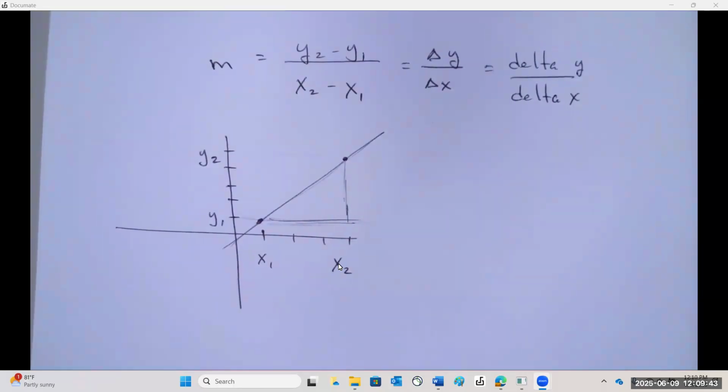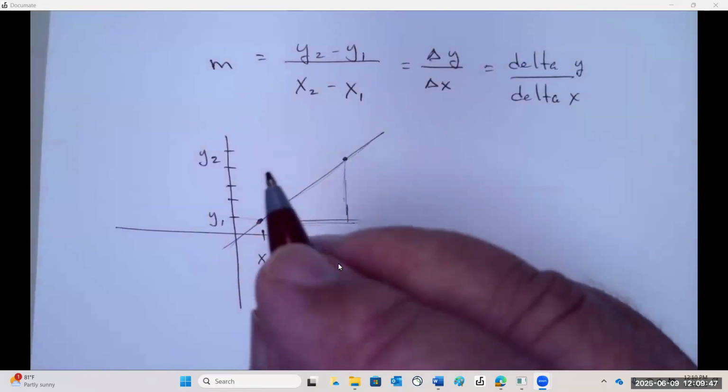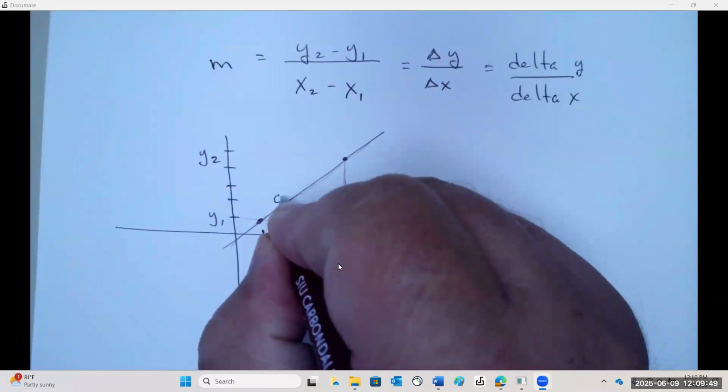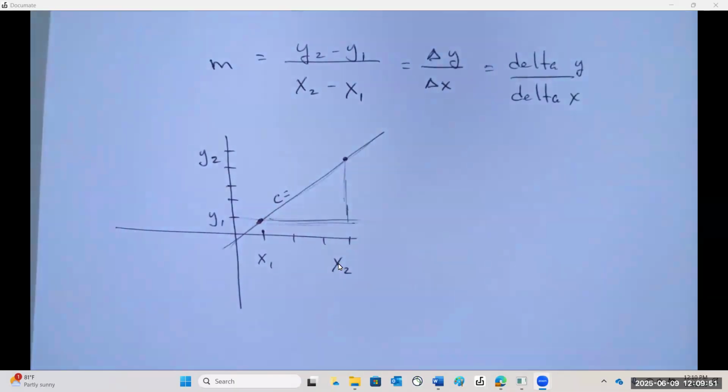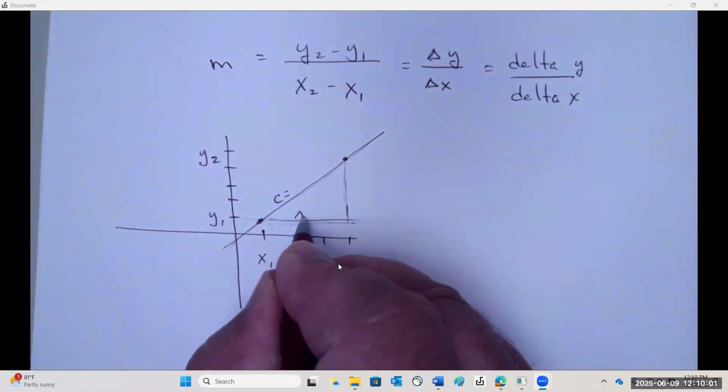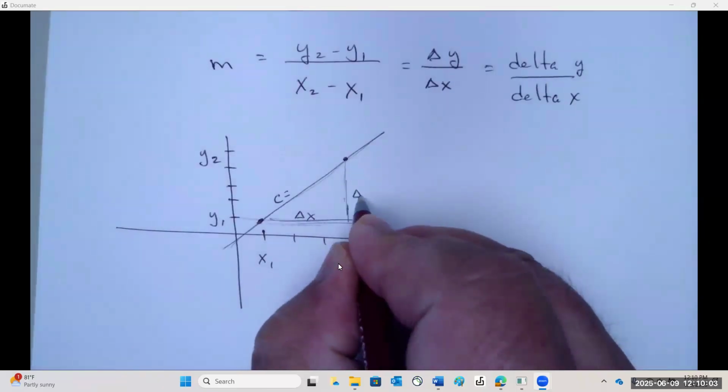Find the hypotenuse, which is what in this case? So here's the hypotenuse, which is C. But what does that really define for us? What does the hypotenuse really tell us? Because here we have delta x, here we have delta y.